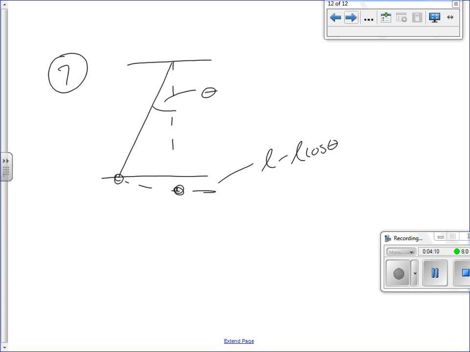Well, this is one of those. mgh initial equals 1/2 mv final squared.